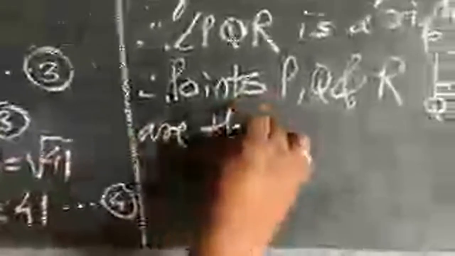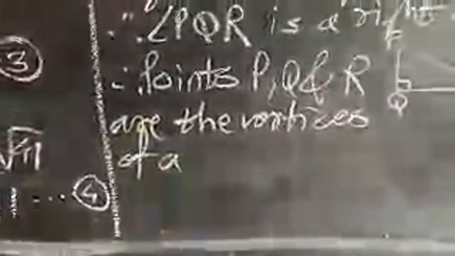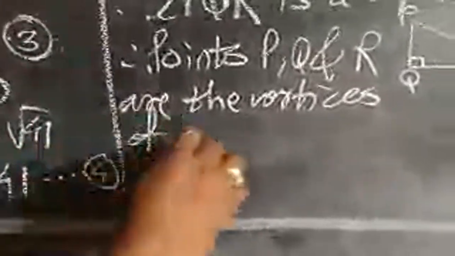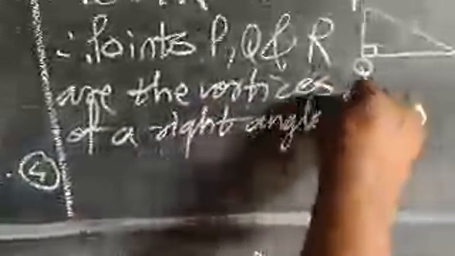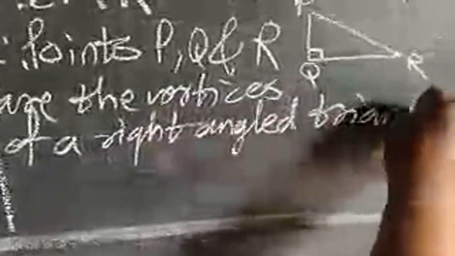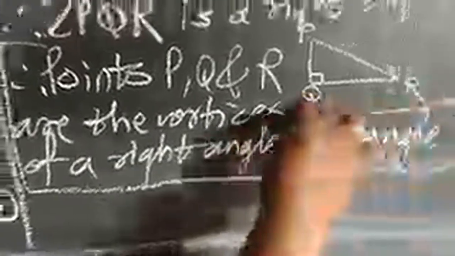are the vertices of a right angled triangle. That is the asking question.